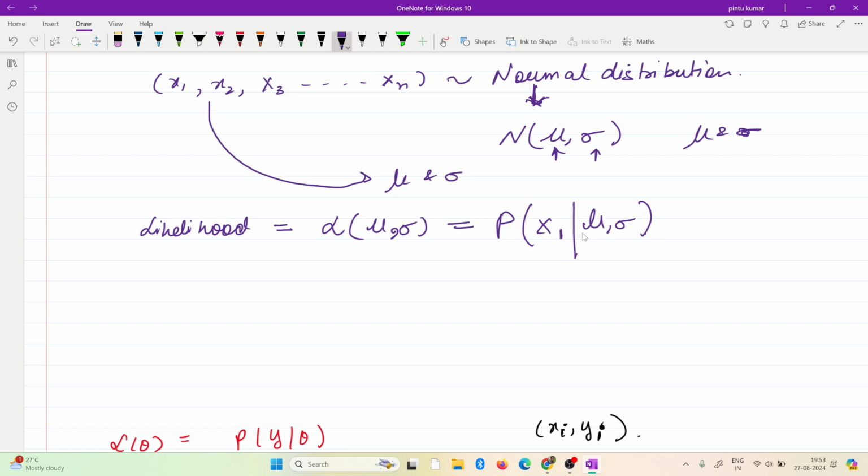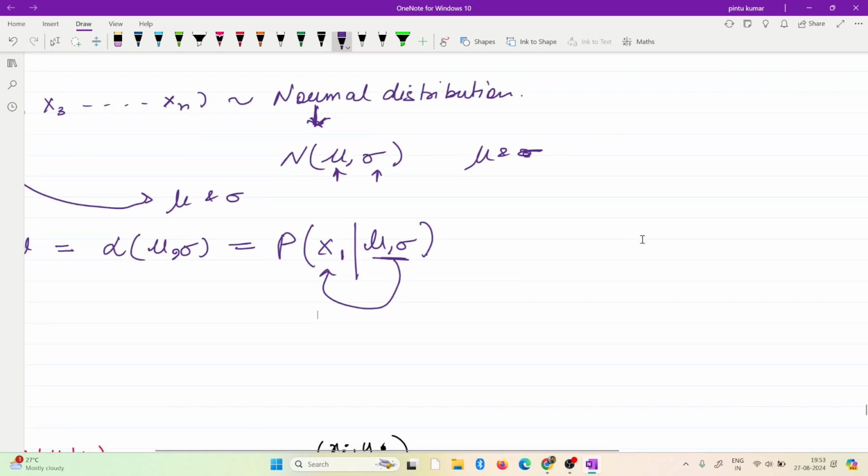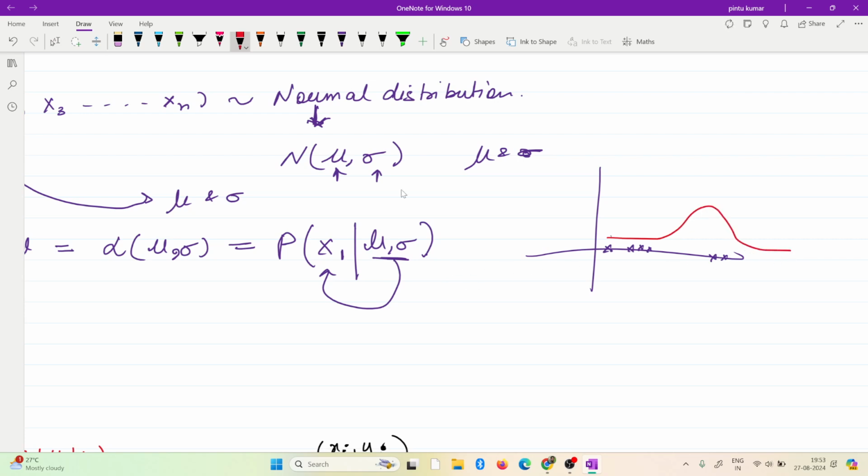What I mean is, if you model your normal distribution using mu and sigma, then what is the probability of this point x1? For example, I'll just draw an example. Let's say for some value of mu and sigma, your points are like this, here you have 3 points. And you draw a normal distribution, something like this. And you have a red distribution, which is something like this.